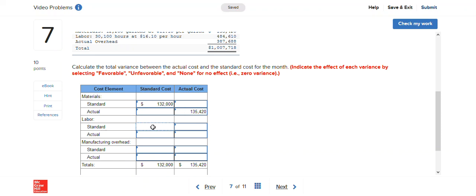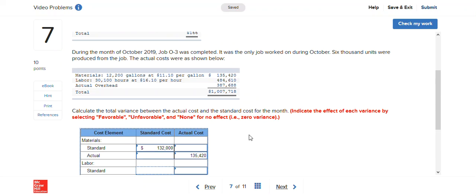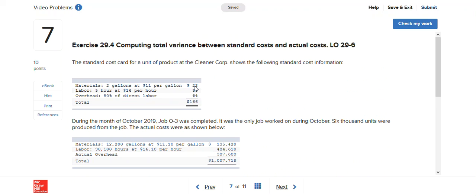All right. Okay, our labor, we've got to do our standard and our actual. So we should have 5 hours per each unit that we manufactured. We manufactured 6,000 units, and it should be 5 hours per unit. So 6,000 units times 5 hours. Our standard should have been 30,000 hours.